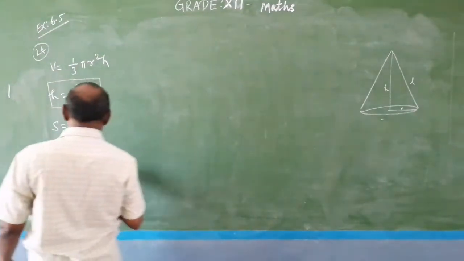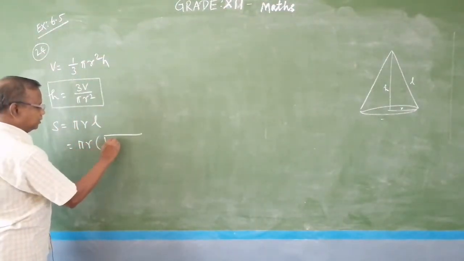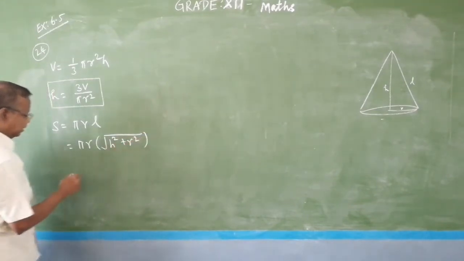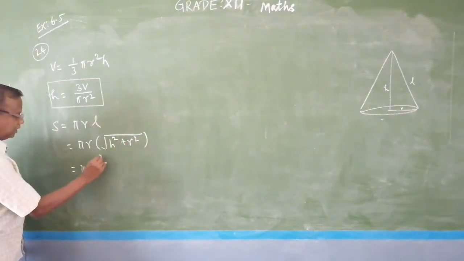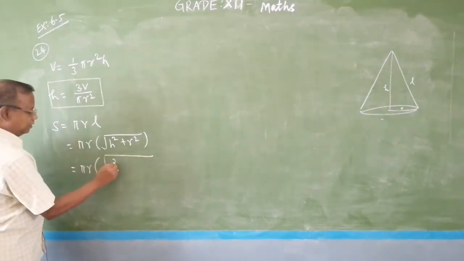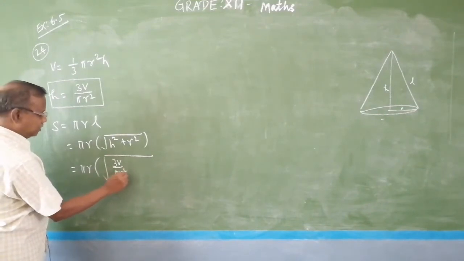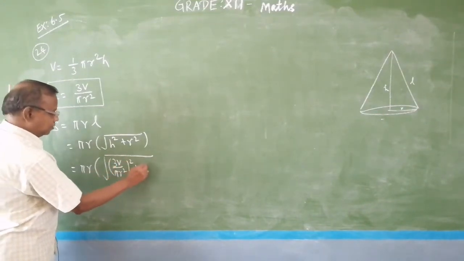Now this is pi r into root of h square plus r square, that is equal to pi r into root of (3V) the whole square divided by (pi r square) the whole square plus r square.